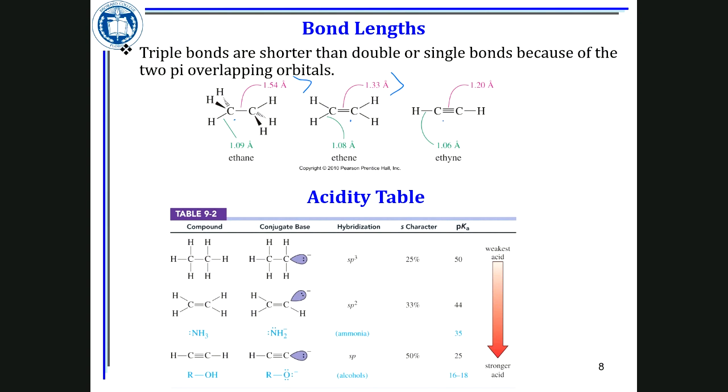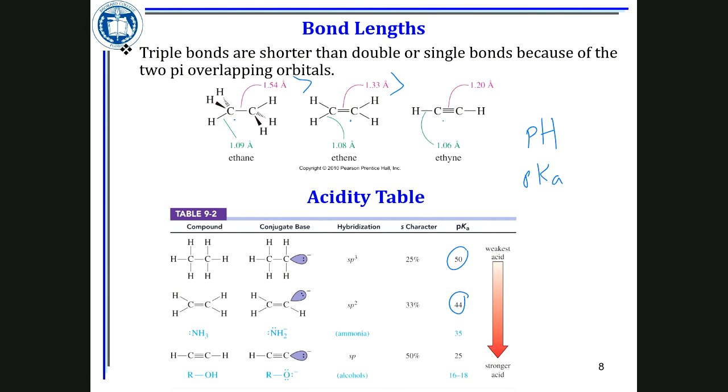Acidity: terminal alkynes are much more acidic than alkenes or alkanes. If you compare the pKa, we talked about pKa before. What does pKa represent? pKa is very similar to pH. If you're talking about pH or pKa, the smaller the number, the stronger the acid.